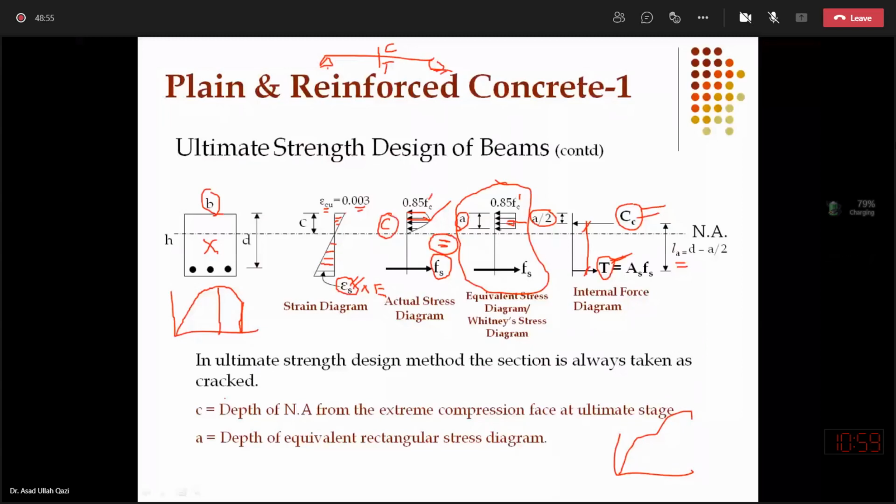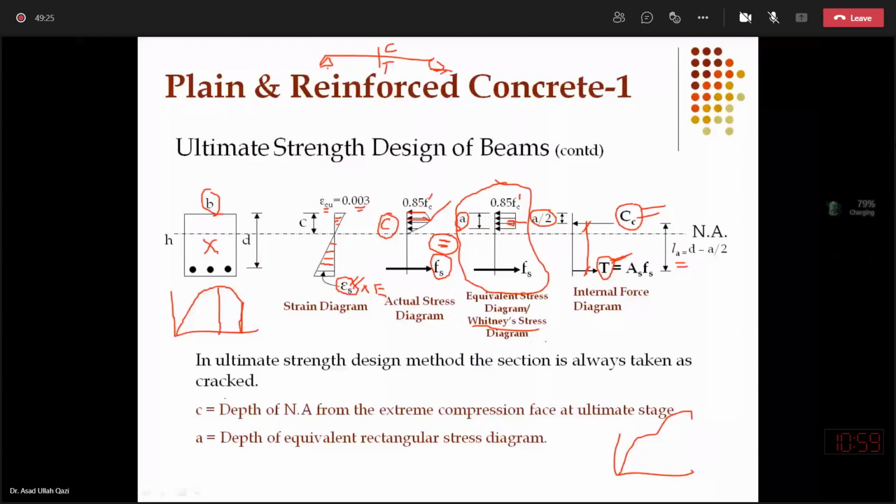So Whitney was the researcher who actually proposed and proved that we can replace the actual stress strain with this uniform stress block depth, and still we can get the answer exactly the same. So in this way we can calculate the internal capacity with less effort.